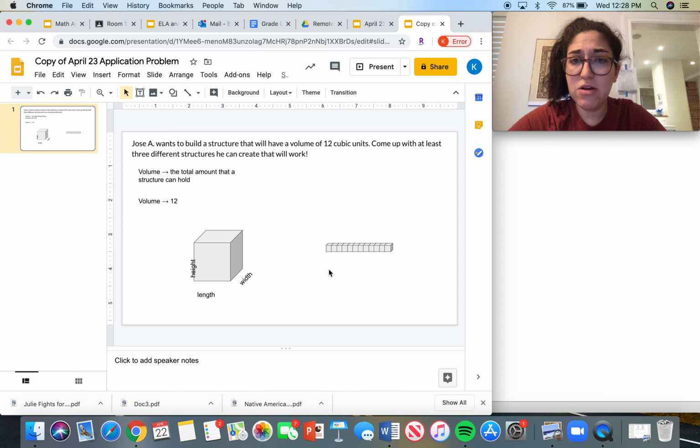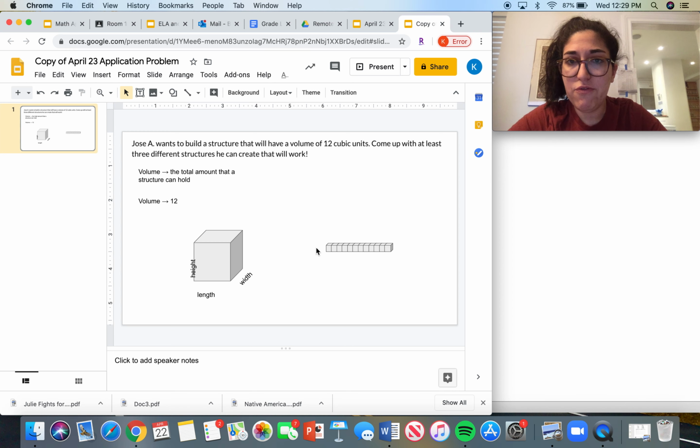So this here has 12 cubic units. And if I think about it this way, I can actually count them. 1, 2, 3, 4, 5, 6, 7, 8, 9, 10, 11, 12. So if we imagine this to be one whole box, then it fits exactly 12 of these. So it does have a volume of 12.